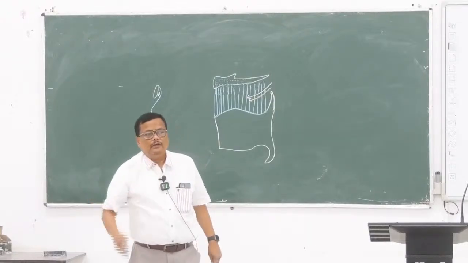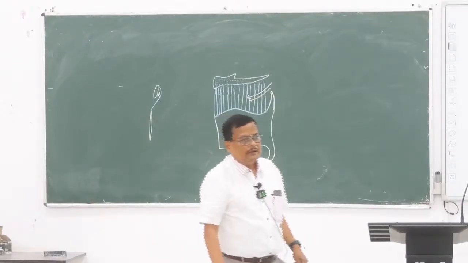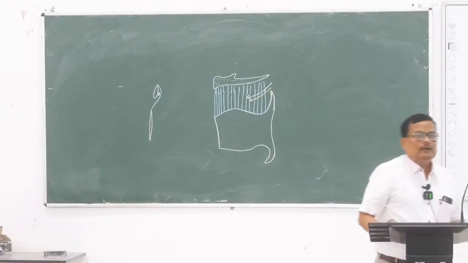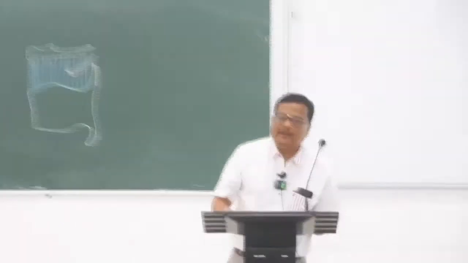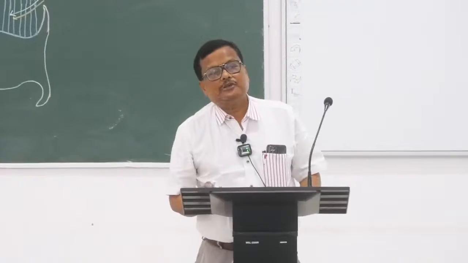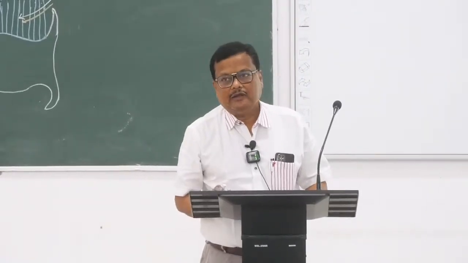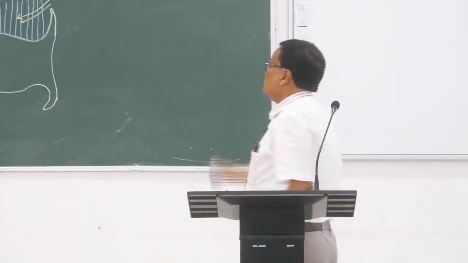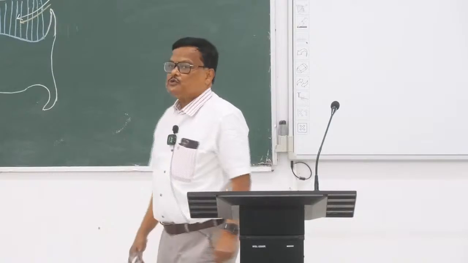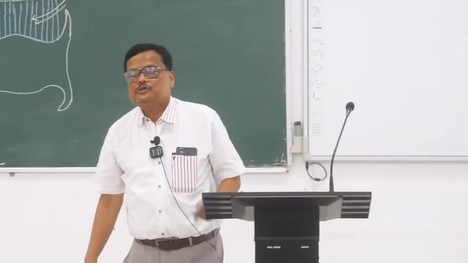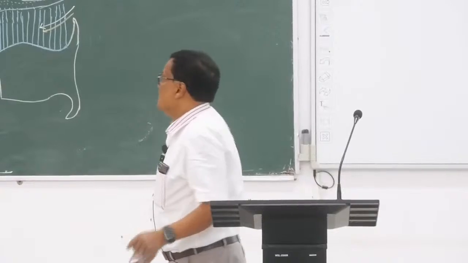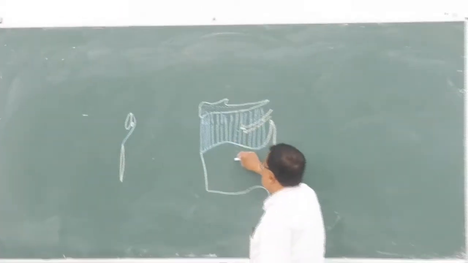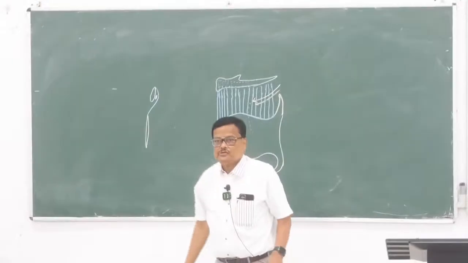So the thyrohyoid membrane is pierced by the internal laryngeal nerve, which is a branch of the superior laryngeal nerve, a branch of the vagus nerve, the 10th cranial nerve, and the superior laryngeal artery, a branch of the superior thyroid artery, through which the internal laryngeal nerve, by piercing this membrane, enters the inside of the larynx.